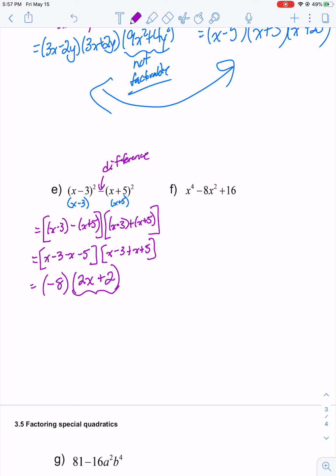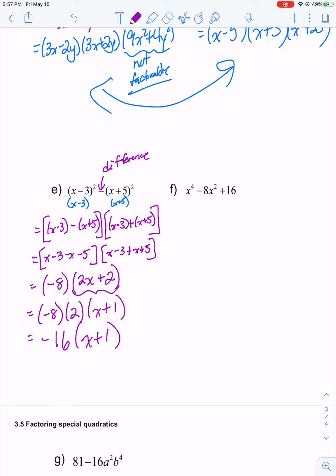This, you can factor a 2 out and be left with x plus 1. So this is negative 16 times x plus 1. That was a weird one.